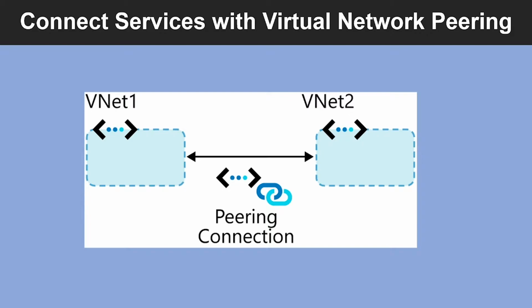In peered virtual networks, traffic between virtual machines is routed through the Azure network. The traffic uses only private IP addresses. It doesn't rely on internet connectivity, gateways, or encrypted connections. The traffic is always private and it takes advantage of the high bandwidth and low latency of the Azure backbone network.